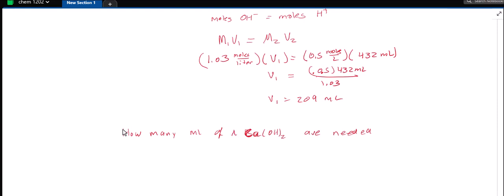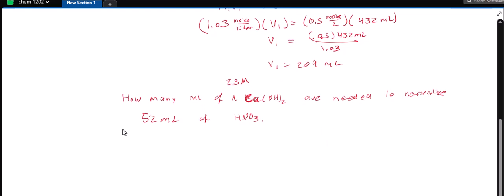How many milliliters of 2.3 molar calcium hydroxide are needed to neutralize 52 milliliters of nitric acid? Okay, so you'll notice that what's different here is my calcium hydroxide has two hydroxides, and so I only need half as much calcium hydroxide as I need of the nitric acid.